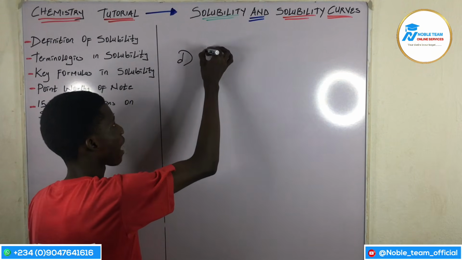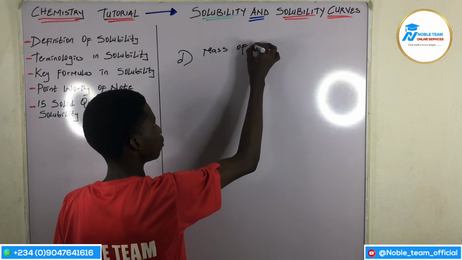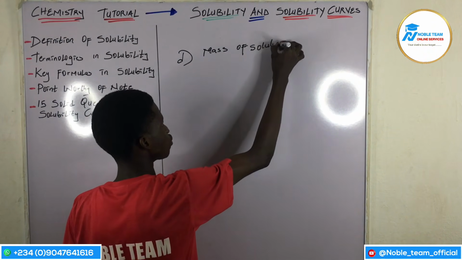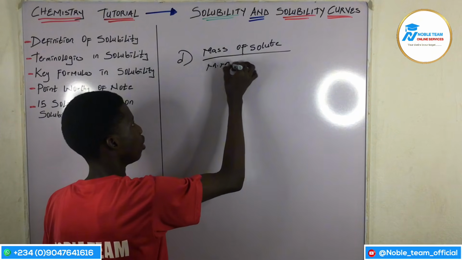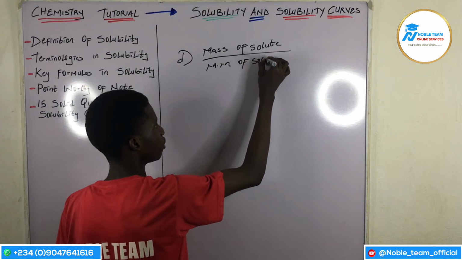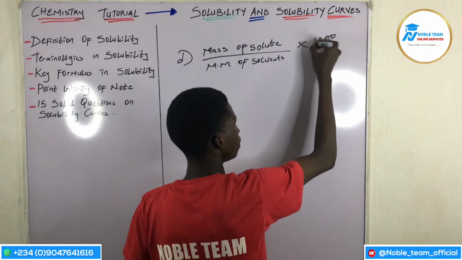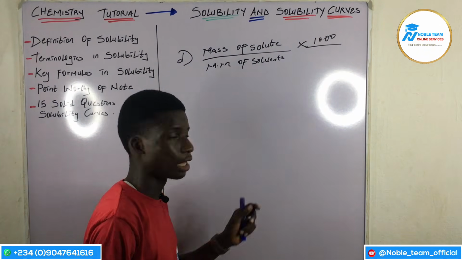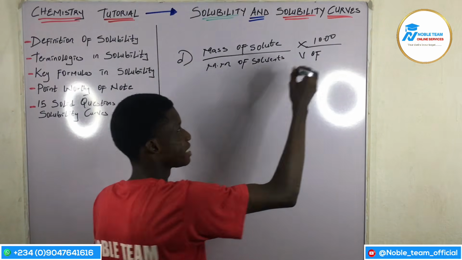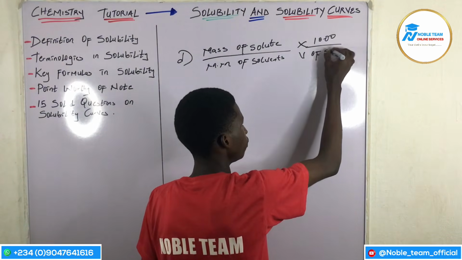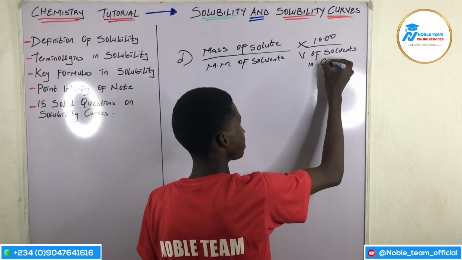Now, this is the fourth formula that I want us to take note of. When we have D, then we have mass of the solute divided by molar mass of the solvent, multiplied by 1000 divided by, pay maximum attention, volume of the solvent in centimeter cube.